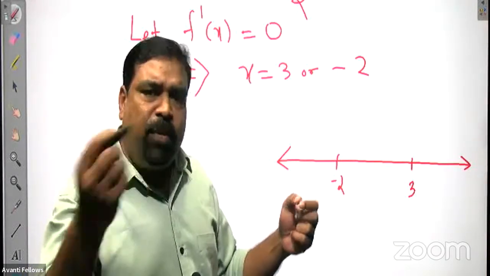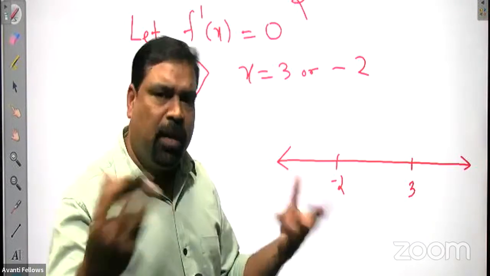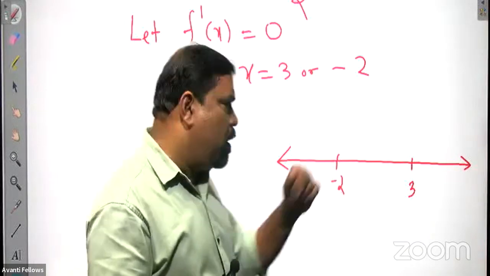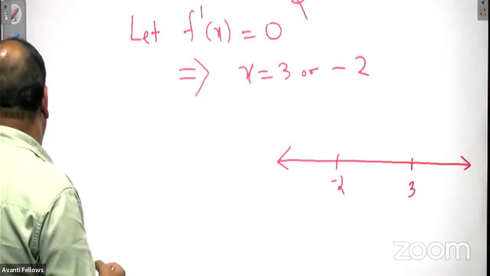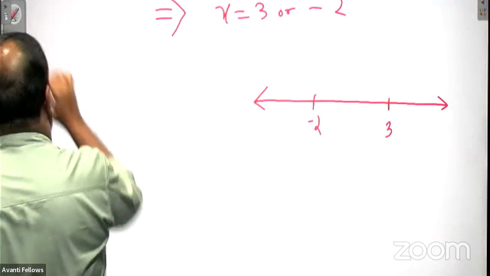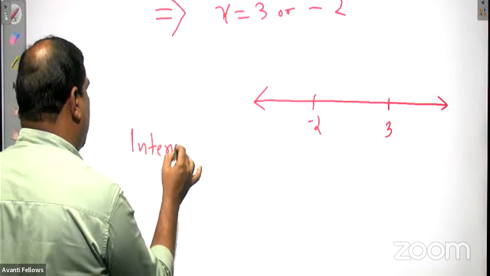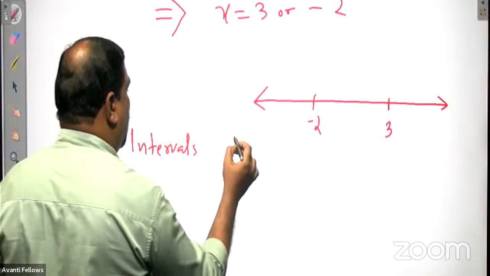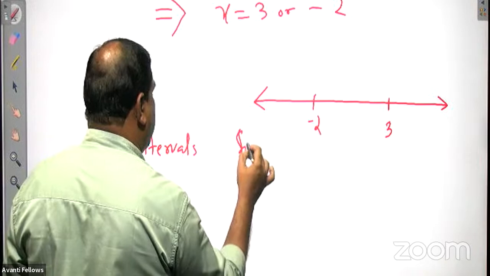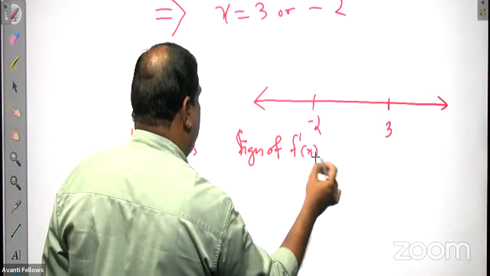If it is greater than 0, the function is strictly increasing. If it is less than 0, it is strictly decreasing. That's all. So in each interval, we will check the sign of the derivative.